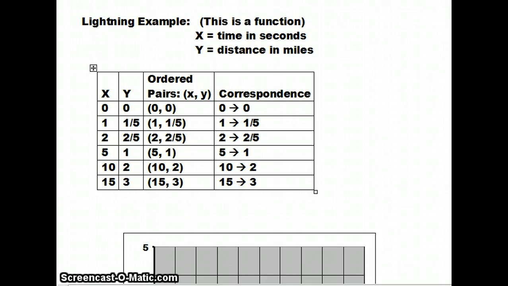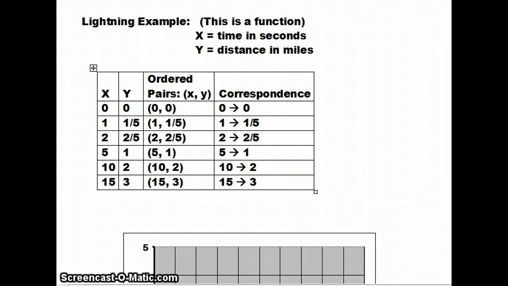If you count 10 seconds, then the lightning bolt was 2 miles away. If you count 15 seconds, the lightning bolt was 3 miles away. If you hear it and see it at the same time, that's not good. That means that it's right on top of you at 0, 0. If you hear it 1 second after you see it, then the lightning is 1/5 of a mile away.